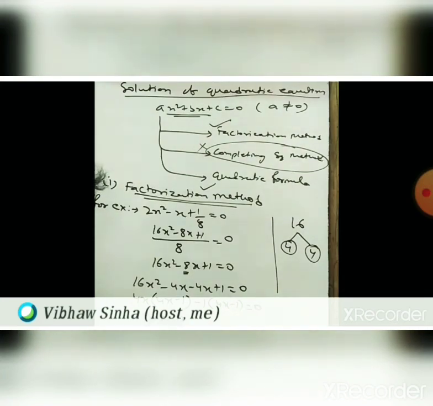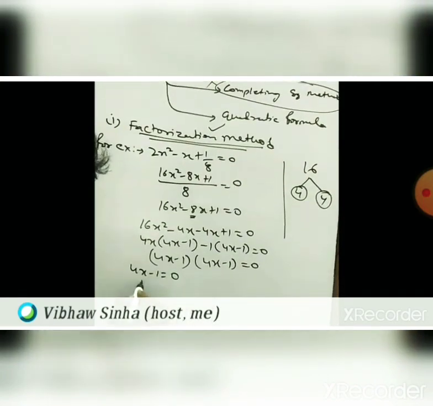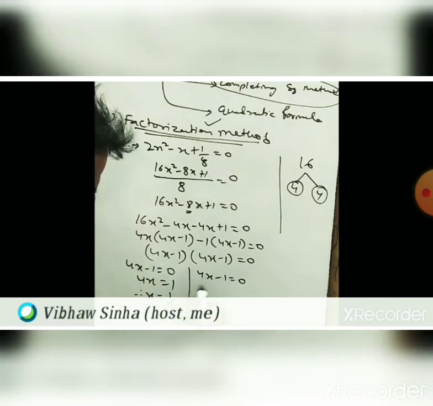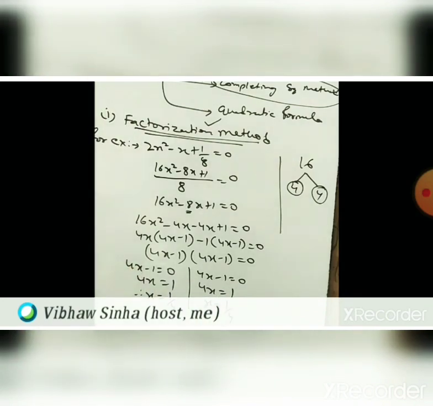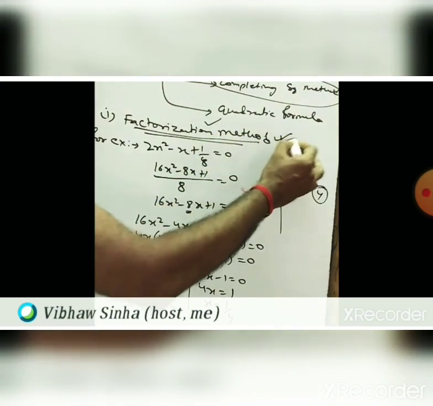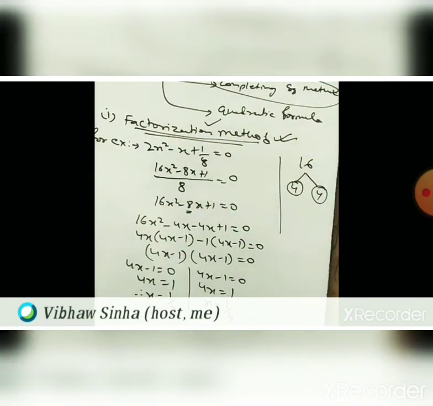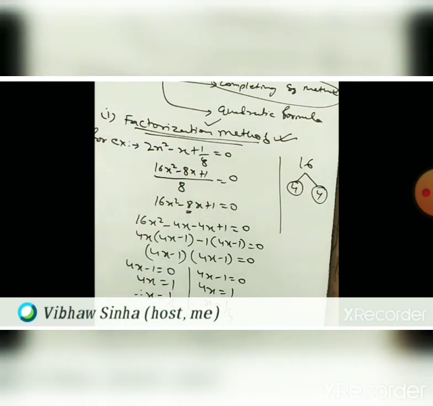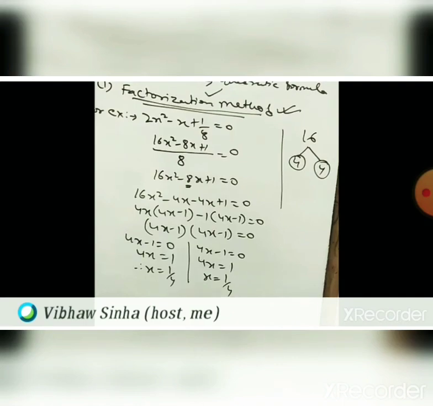We have taken 4x minus 1 common; what is left? 4x minus 1 equal to 0. So 4x minus 1 equal to 0, 4x equal to 1, therefore x equal to 1 by 4. Same as the other factor 4x minus 1 equal to 0, it is the same, so the root will be the same: 1 by 4, 1 by 4. This is the factorization method by which we find the roots of the quadratic equation 2x square minus x plus 1 by 8 equal to 0.